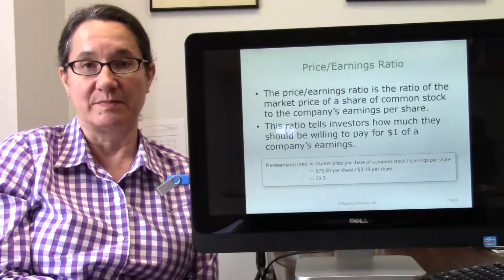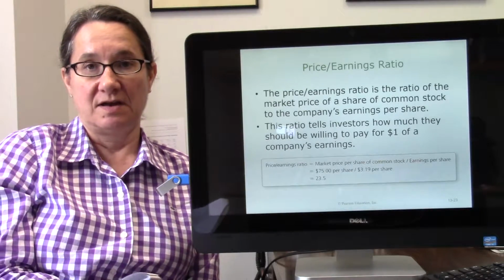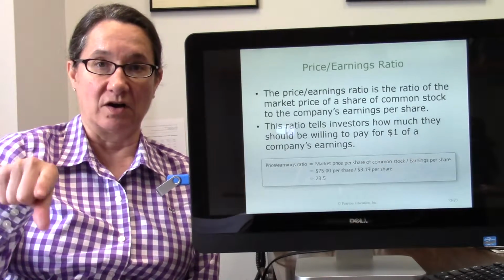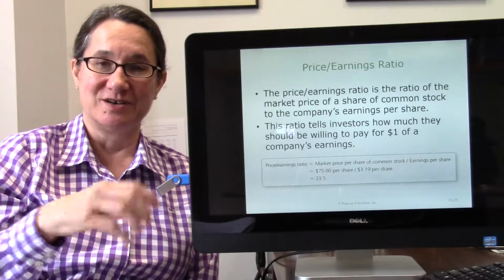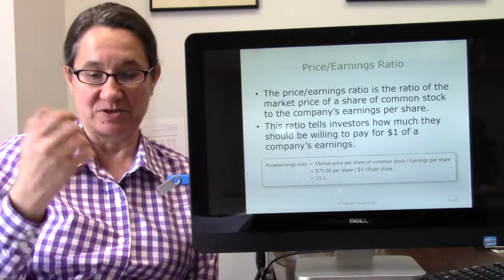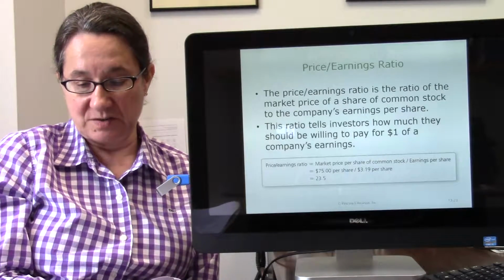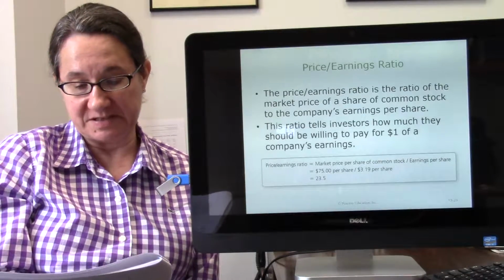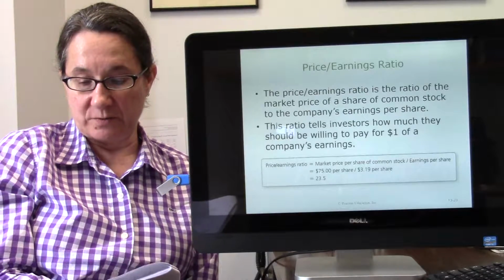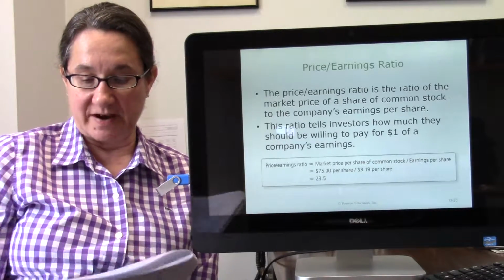So what are their shares selling for? Now I compare that to what I can earn, right? Earnings per share. So the price per share divided by earnings per share tells me if that's a good measure or not. So PE ratio equals market price per share divided by earnings per share.